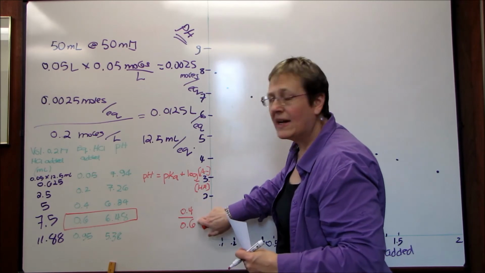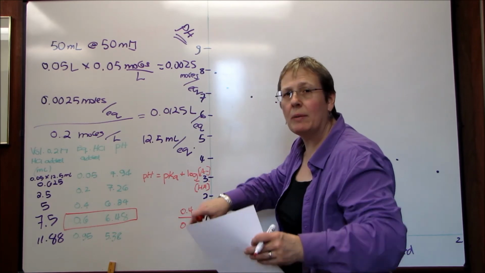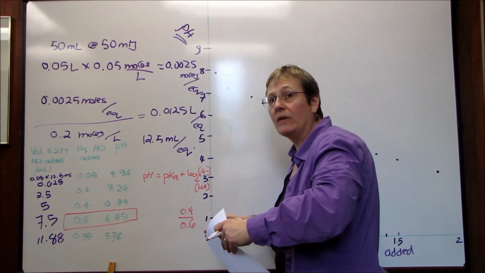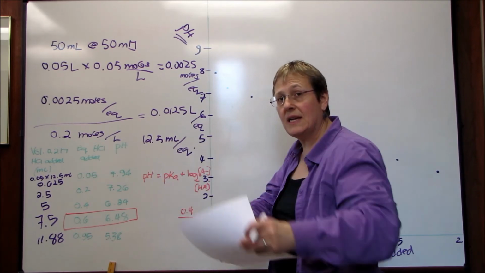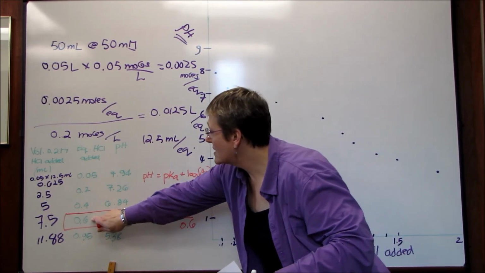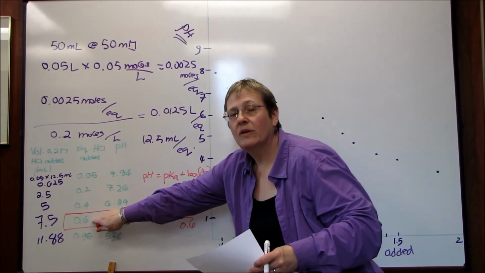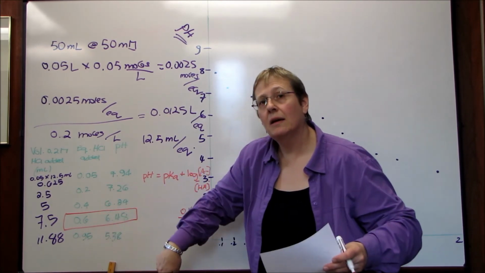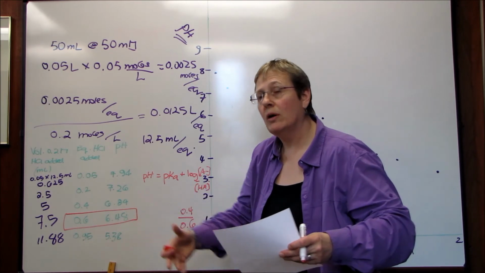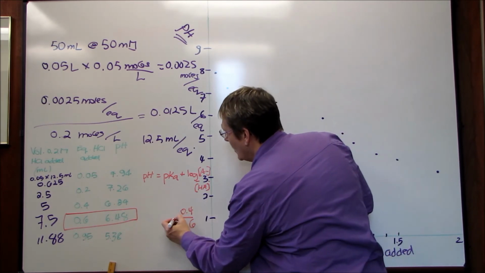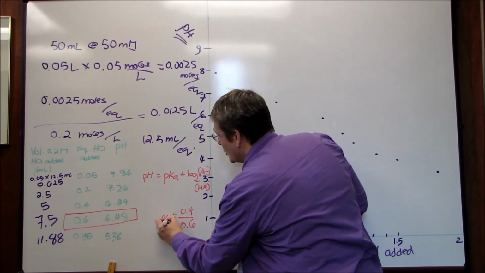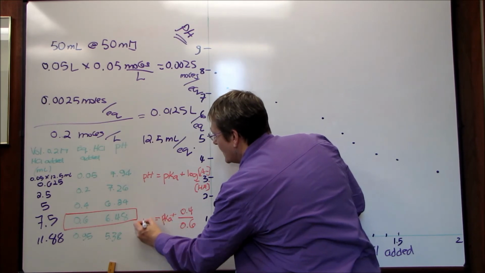These two numbers have to add up to 1. It's like a ratio. What percentage of the total equivalent did I move over from A minus into HA? So adding 0.6 equivalents of H plus, they got together with 0.6 equivalents of A minus to make HA and left 0.4 as A minus. So I can now just put this back in.